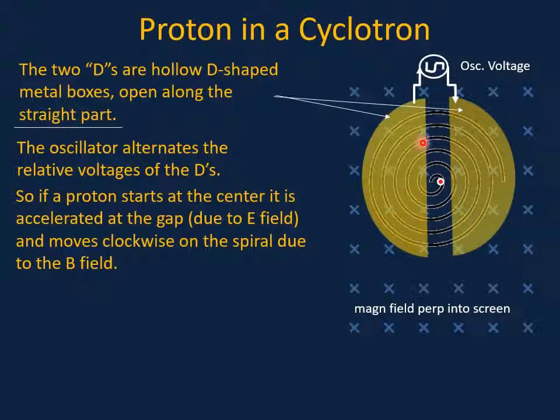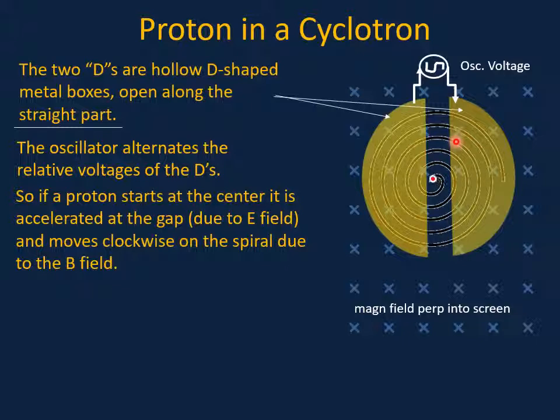So what this enables us is to set this oscillator at the correct frequency, so that when the proton comes from there to there and is accelerated and travels this distance in that half period, you switch the voltage, the electric field, from one direction to the other, so it gets accelerated again at the gap.